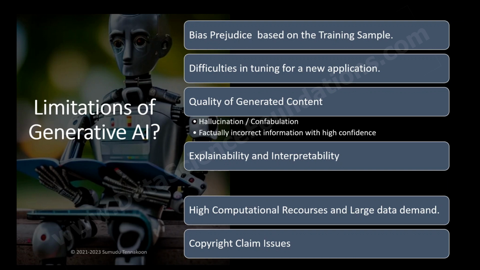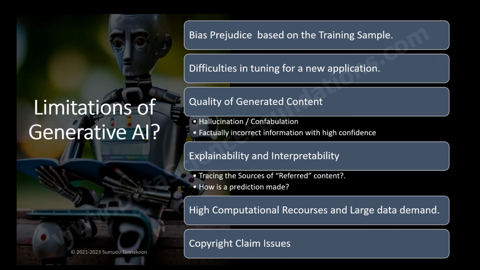I have one video from a couple of months back where I tested Google Bard and OpenAI ChatGPT with Bing, all three together. There were some incidents where some of the models gave a factually incorrect answer but with high confidence. So this can happen. Like humans, they are not perfect.